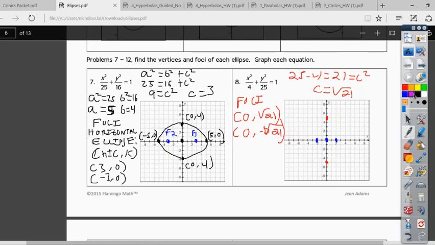The square root of 21 is about 4 point something, so around there. But that is the ellipse. It's a vertical ellipse, with foci very close to the vertices. Alright, clearing annotations.